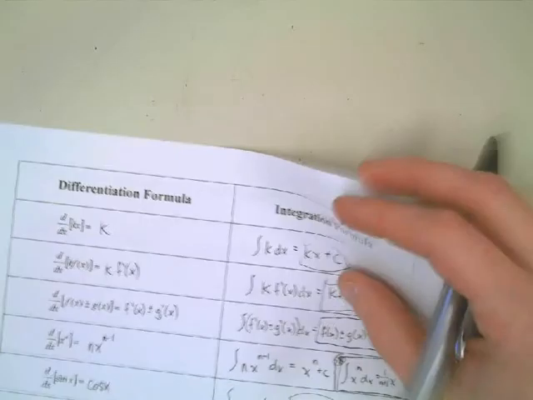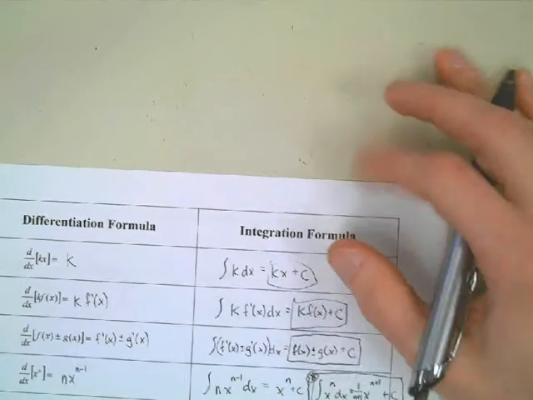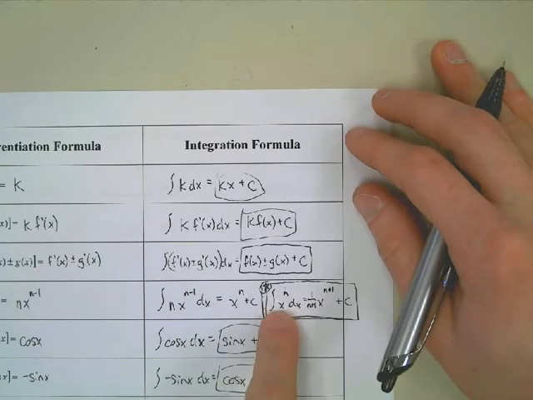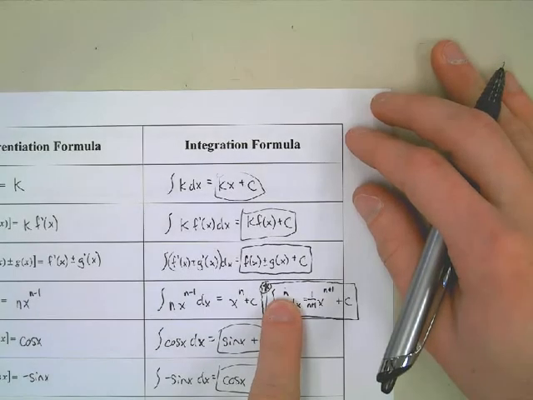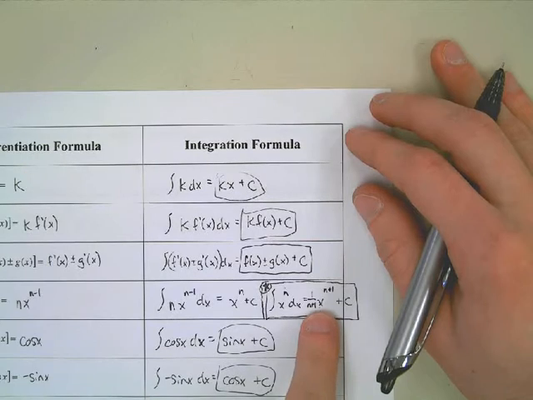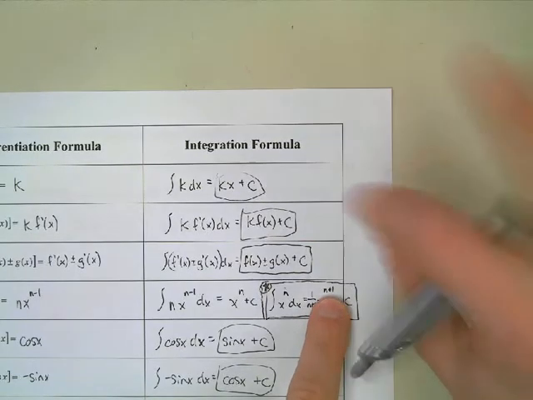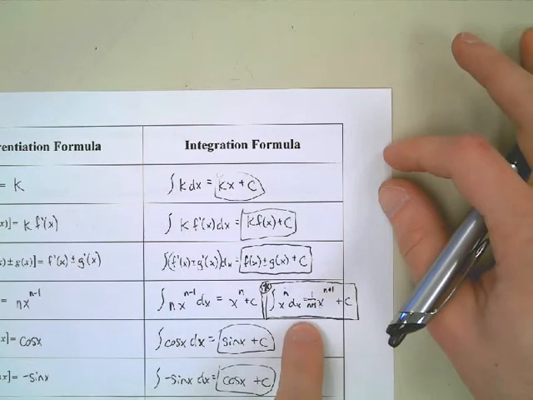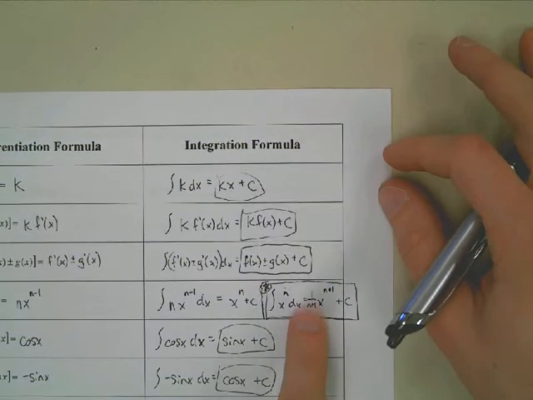It's x to the negative 3 right now, right? So n is negative 3. When we integrate that, our x becomes x to the negative 2. You add 1 to negative 3 and you get negative 2. We're adding 1 to the power, and then you have 1 over that new power out front, plus C.